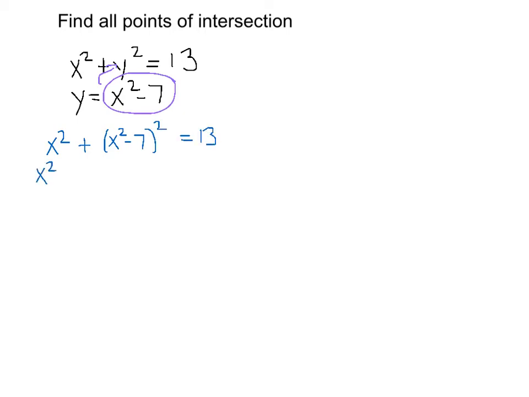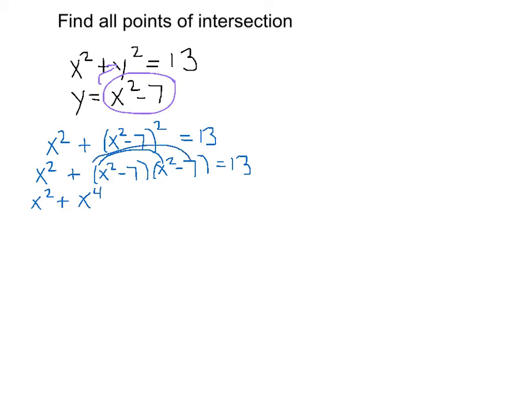We're going to do some foiling, but notice we're going to be foiling x squared minus 7 times x squared minus 7. We're going to need to be careful about multiplying those out together. So we still have x squared. Then we're going to have x squared times x squared, which is x to the 4th power.